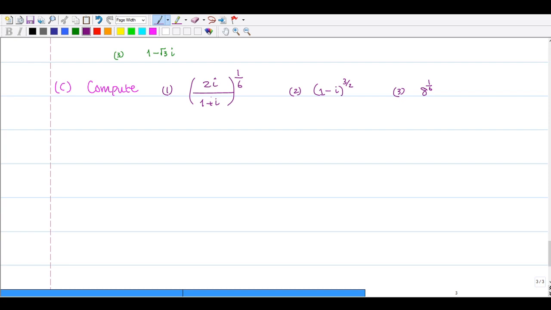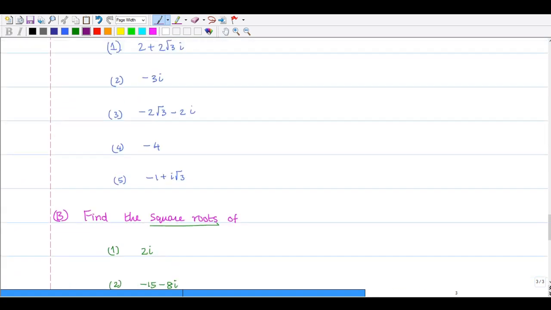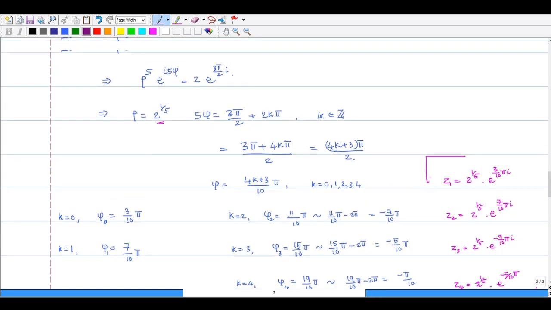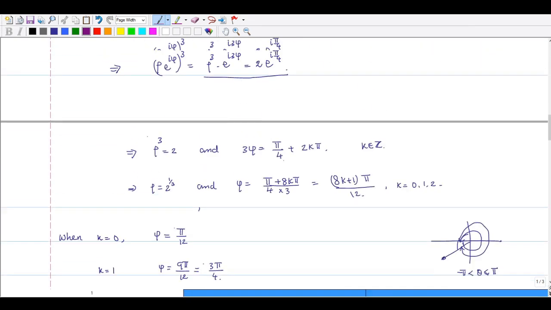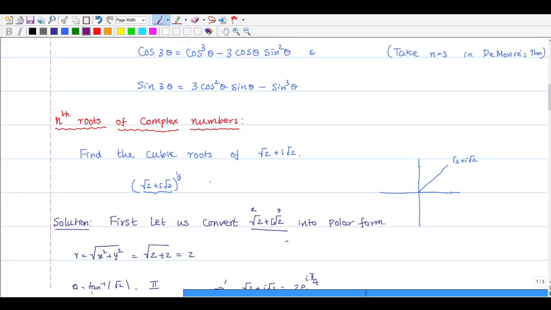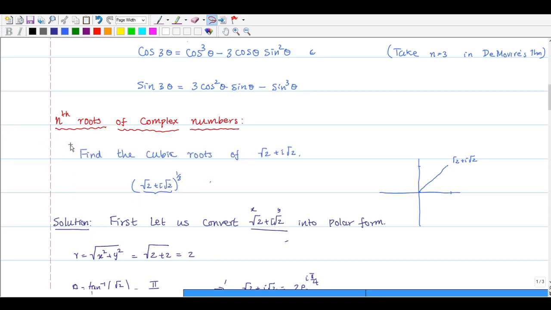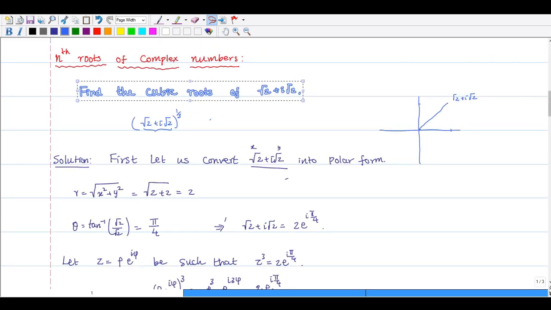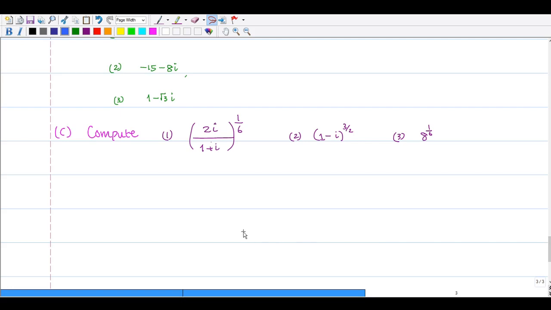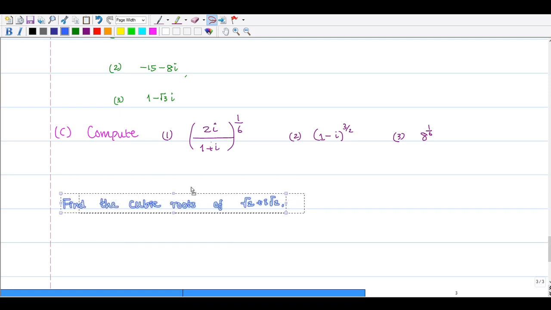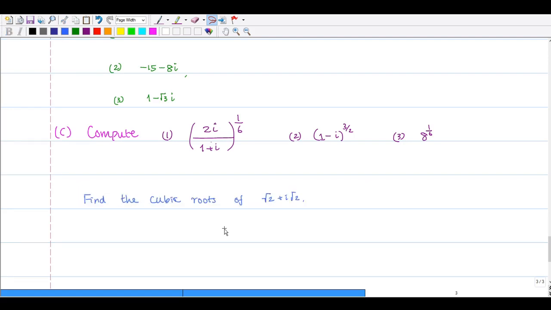I leave this as homework. Work out all the problems. Note that I call this assignment 1. And along with these, I am giving one more problem: find the cubic root of this equation. Add this problem also. Copy, paste it here.